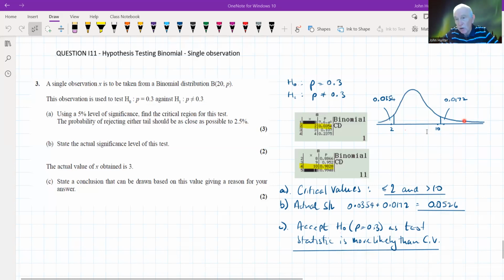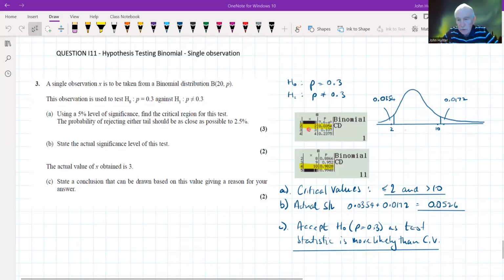I've drawn this as a curve. In actual fact, it's a series of bars because they are discrete probabilities, but it just makes it easier to draw. And it's skewed, of course, with a probability of 0.3. You're going to expect the peak to be shifted over to the left, and that's what I'm trying to sketch there.